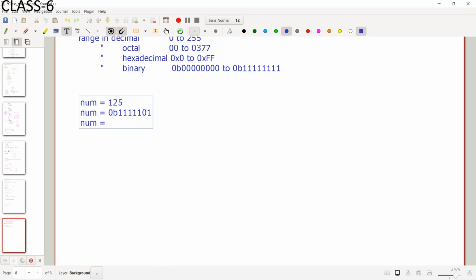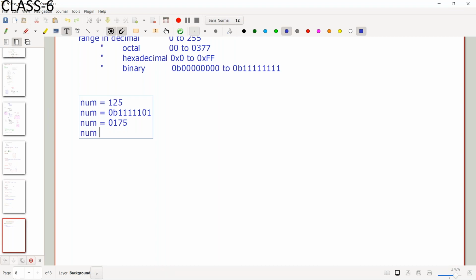Again, if I want to store that in octal, so binary is already here, octal is 5, 7, 1. So 0175, 175. Okay, that is the octal.